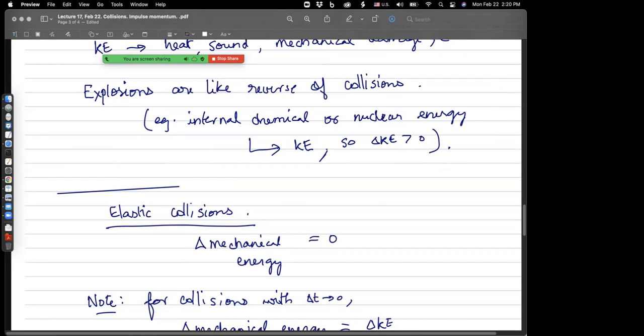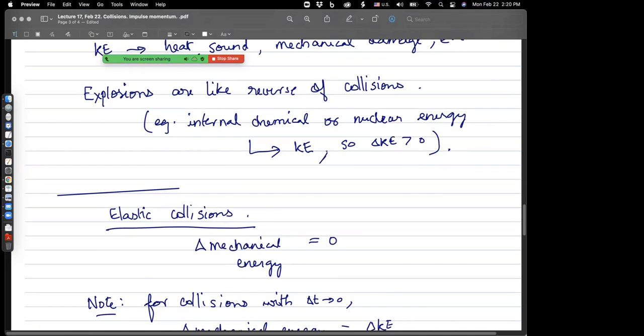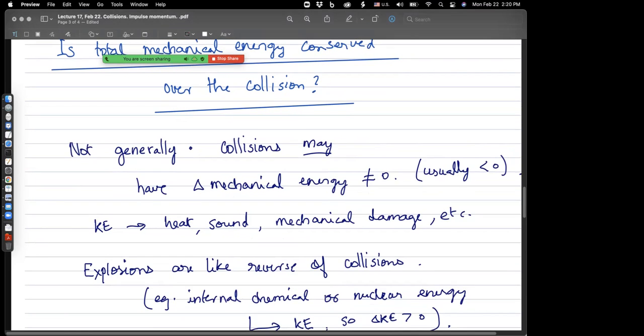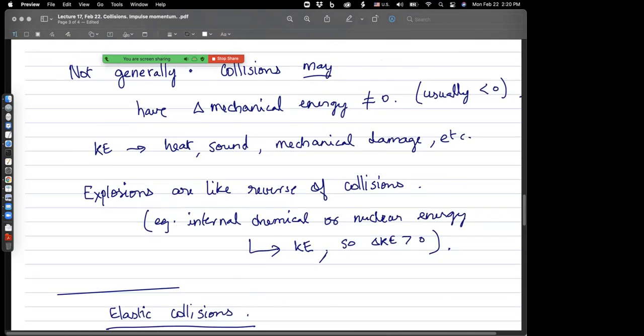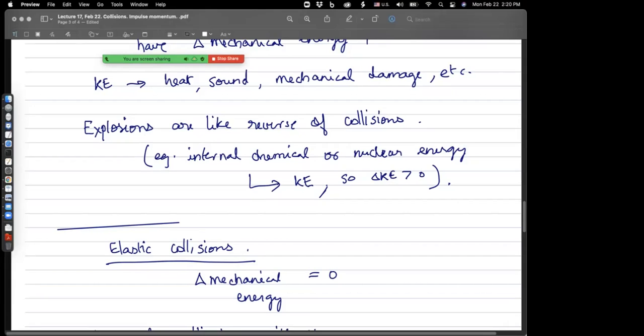That is a very special case. It never really happens in reality. The typical case is that mechanical energy goes down ever so slightly. All these special cases never happen in reality, but sometimes they're good to think about because there are some collisions that are close to elastic.